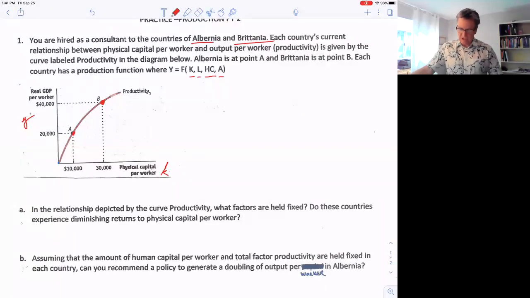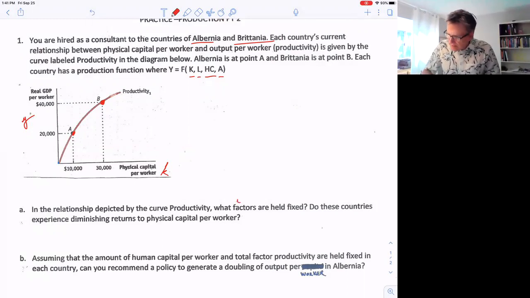So in this relationship here, depicted by the curve called productivity, what factors are held fixed? Well, this curve depends on capital per worker, K over L. So what's held fixed?